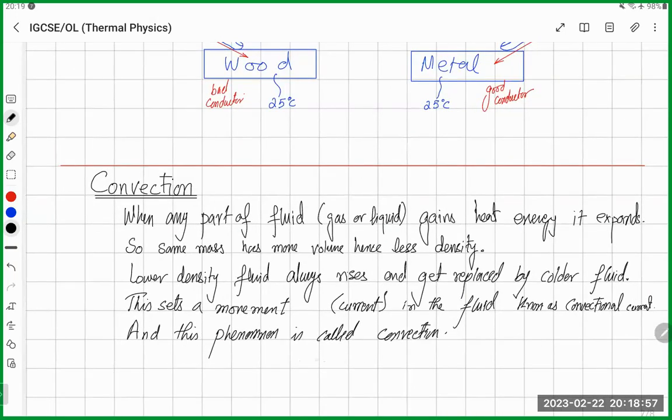It commonly happens in fluids, liquids, or gases.